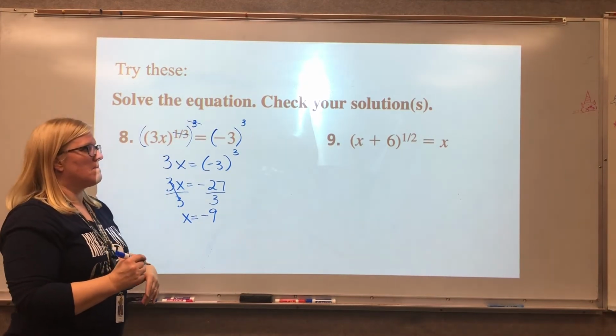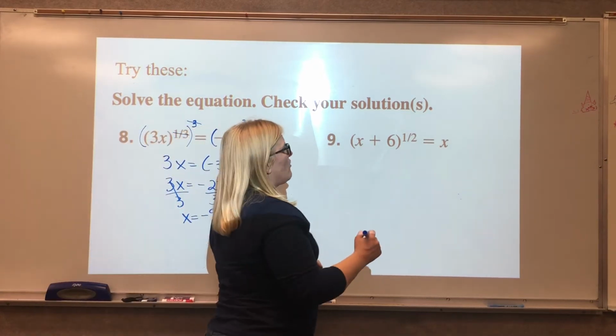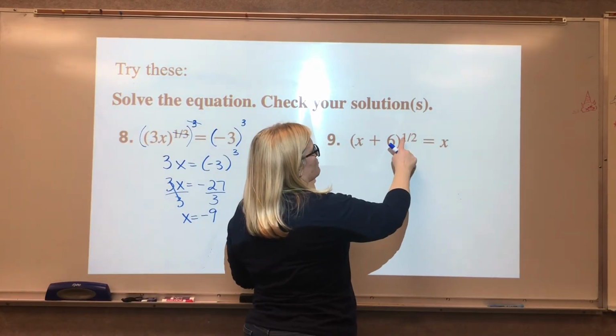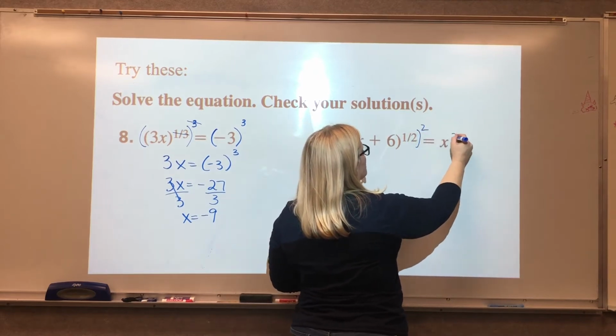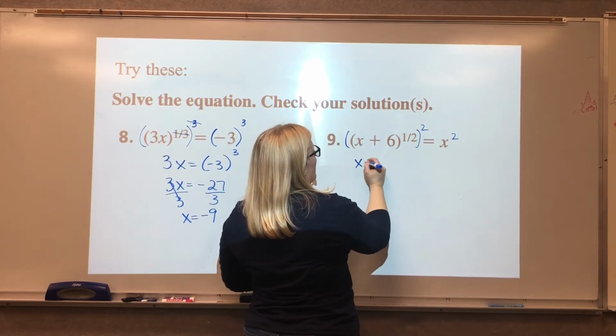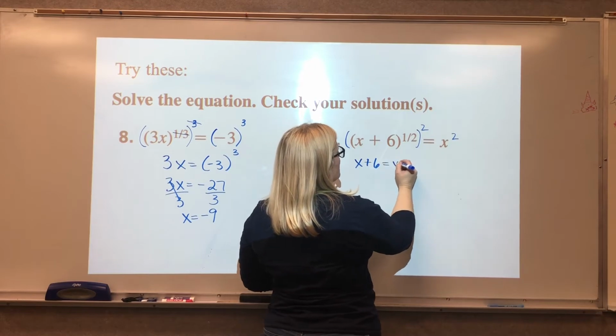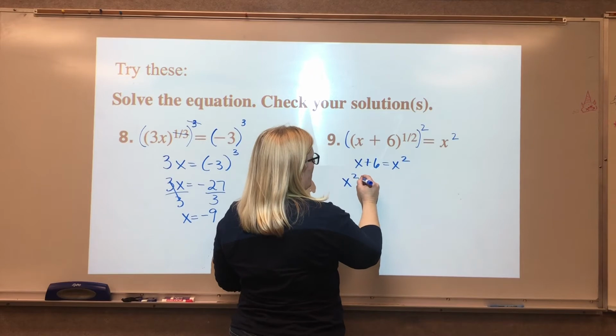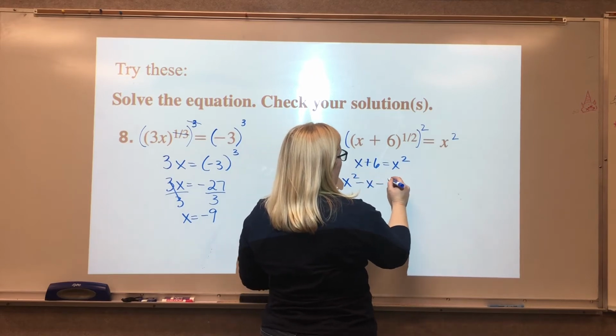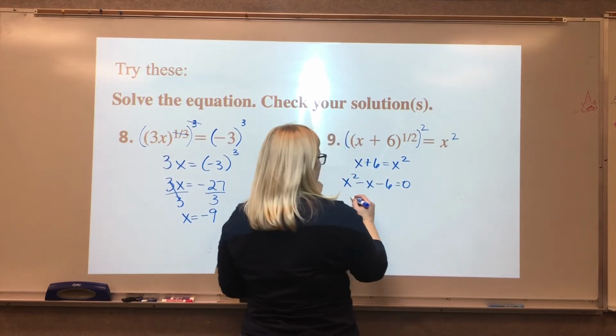All right, over here, we're taking this to the 1/2, so I'm going to square both sides, and I get x plus 6 equals x squared. Now let's put everything to one side, so I have x squared minus x minus 6 equals 0.